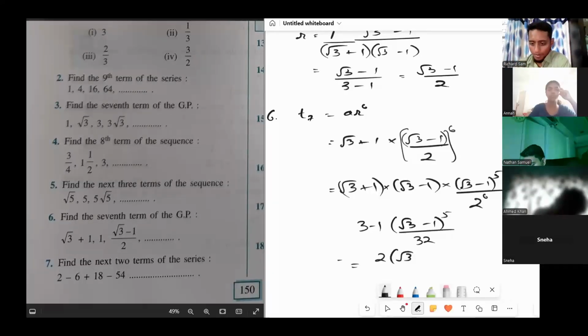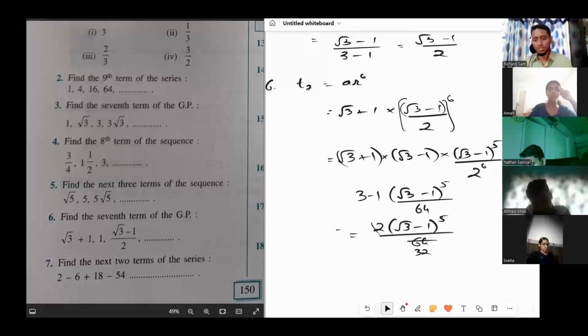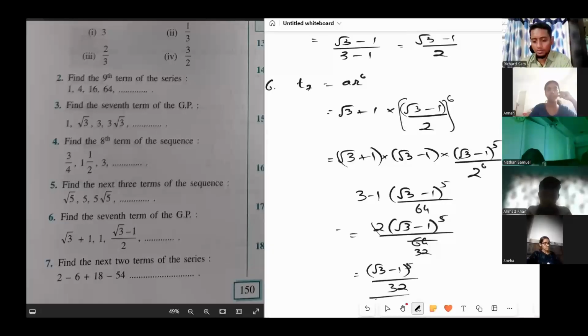So 2 raised to 6 is 64. We can cut the 2 and the 64, and it will become 32. That's your final answer: root 3 minus 1 whole raised to 5 divided by 32.